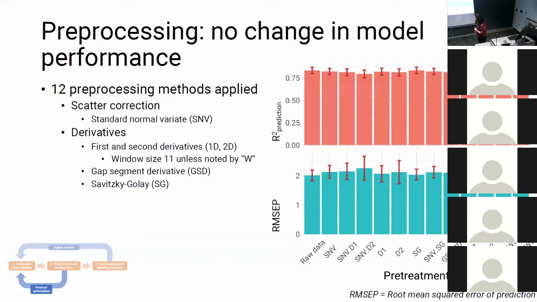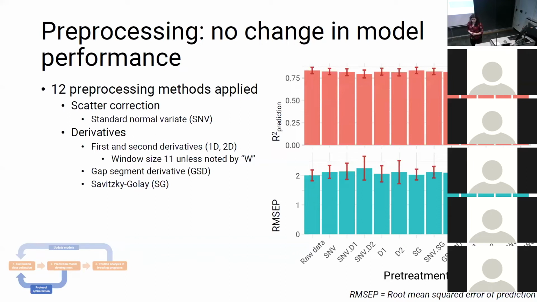The top is predictive ability of the model with R-squared prediction, and the bottom is root mean squared error of prediction. As you can see, there's no statistically significant difference between the different pre-processing methods and the raw data itself. So I will use this to inform my model development pipeline moving forward, but I'll keep checking it with different data sets as the data itself might require different pre-processing methods.